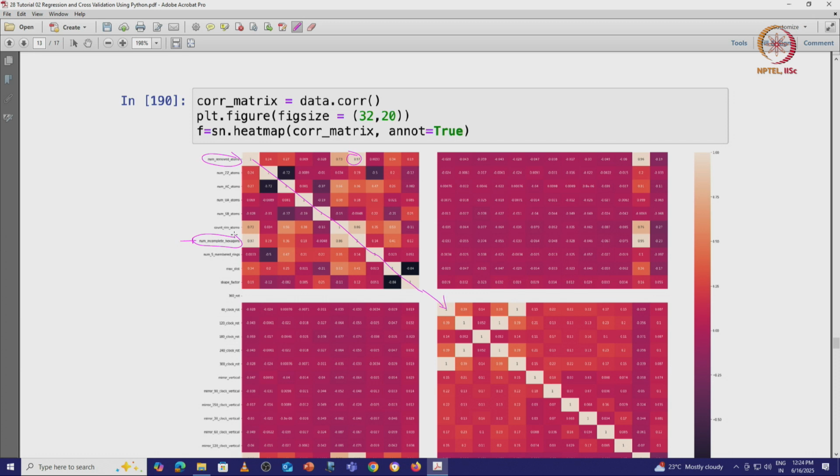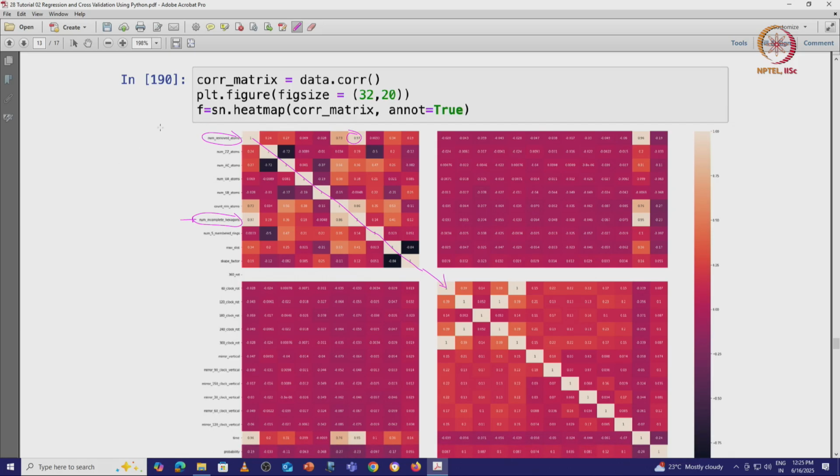In principle, if you want, they can be removed before you make the ML model. However, if you're using regularization, then it's okay, because the model will learn to figure out whether to weight both of them equally or none of them at all. But this is a really nice way to get an understanding of the correlations that exist between the various variables, and to weed out the features that you do not want if they are very highly correlated.